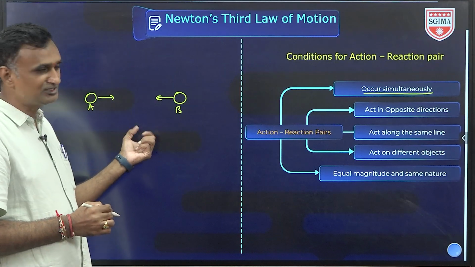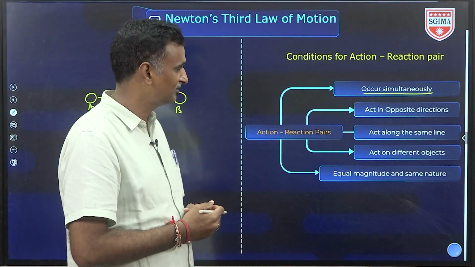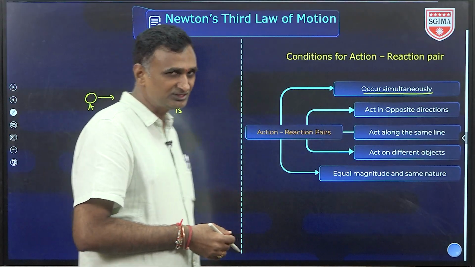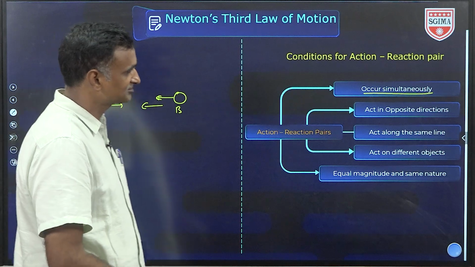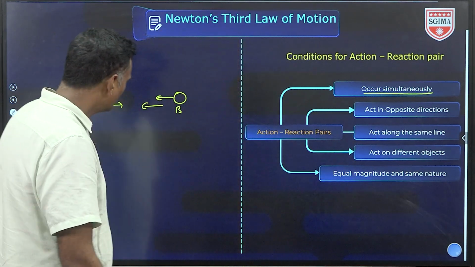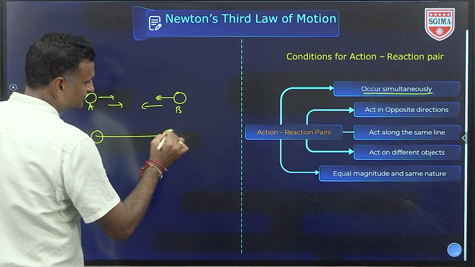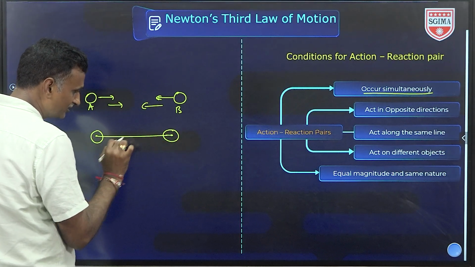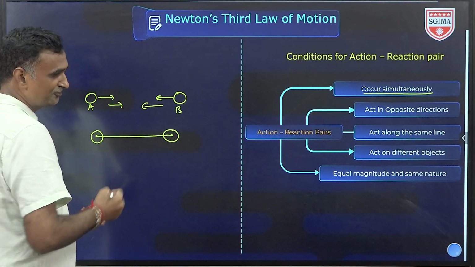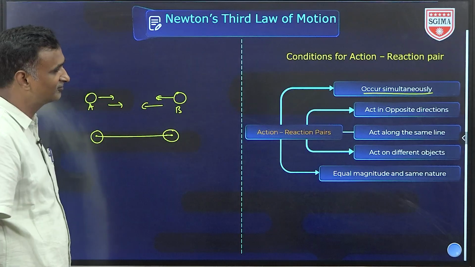They happen simultaneously. Next, they act in opposite directions. Next, they act along the same line. The line joins their centers, and along this line only the gravitational force must act.